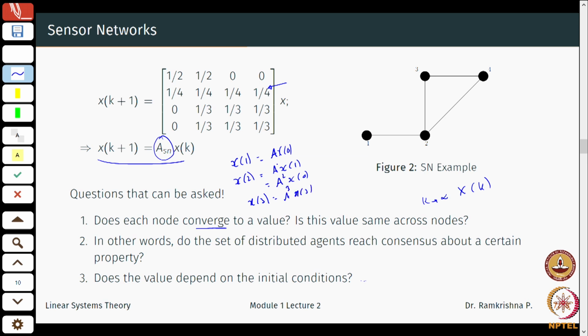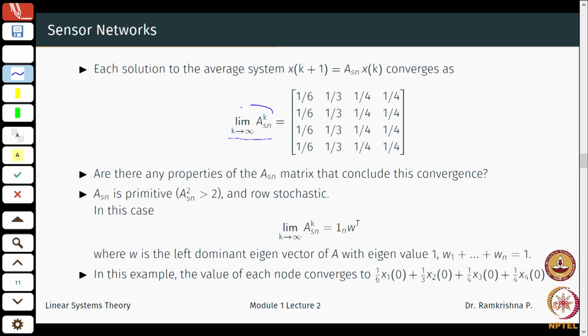Therefore, if I look at the time evolution, I am just interested in computing the powers of A: A square, A cube, and so on. So, convergence at infinity, I am just interested in computing this. But I don't really know how to compute this, even with any powerful computing tool. Are there any properties of this matrix that I can make use of?